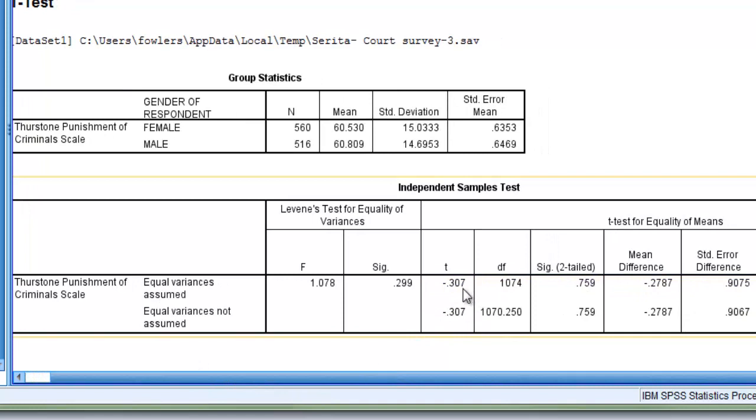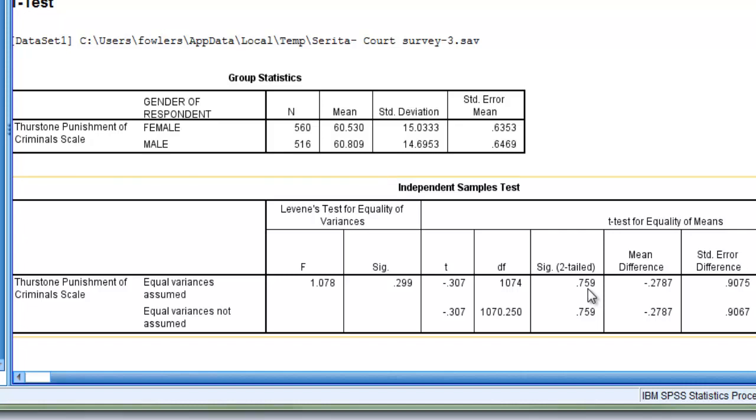So I'm going to scroll over. So here's my obtained t-value, negative 0.307, and here's my probability level. So notice it's called significance two-tailed, but I actually have a one-tailed hypothesis, so I need to cut this 0.759 in half. And when I do that, even the halved value here is above 0.05.